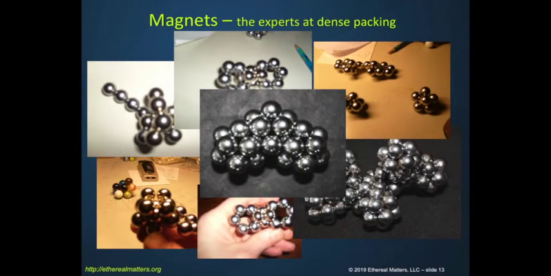Taping things together and gluing wasn't that convenient. The magnets are the masters of how to put things together. They will teach you. And what happens when the magnets come together is that they create a dense packing. They arrange themselves in such a way that they don't roll and they don't fall apart.